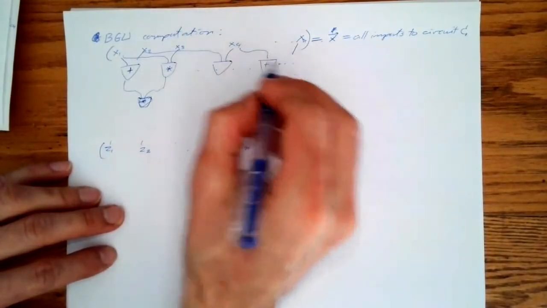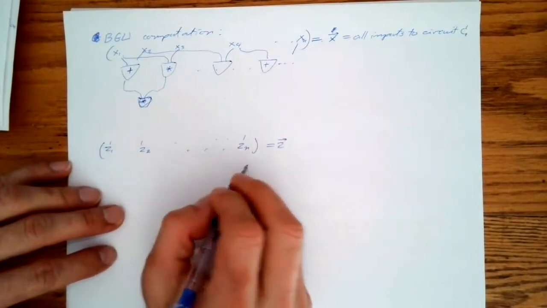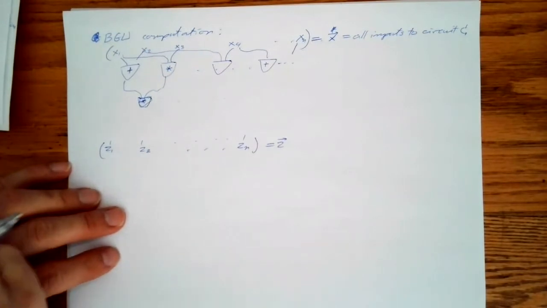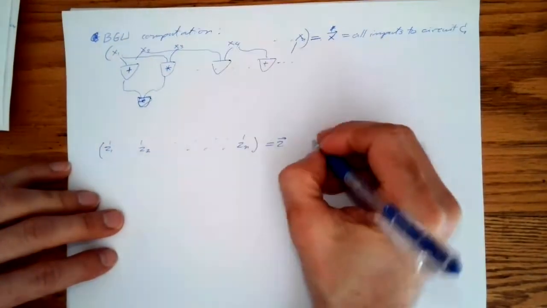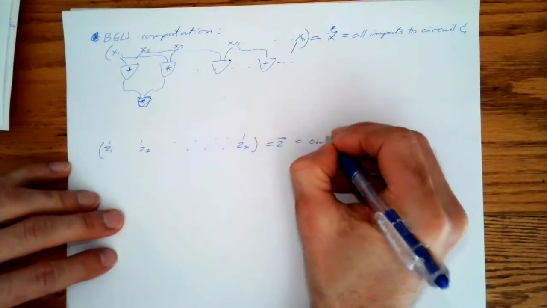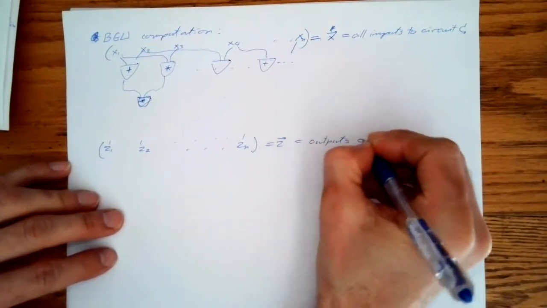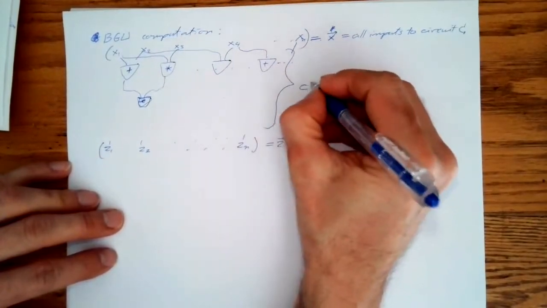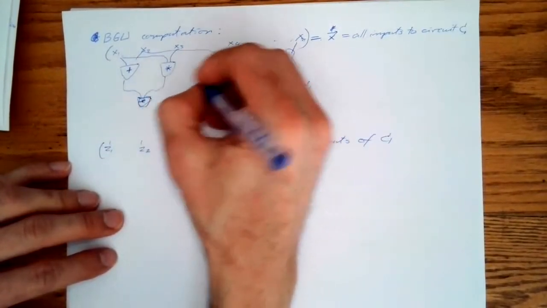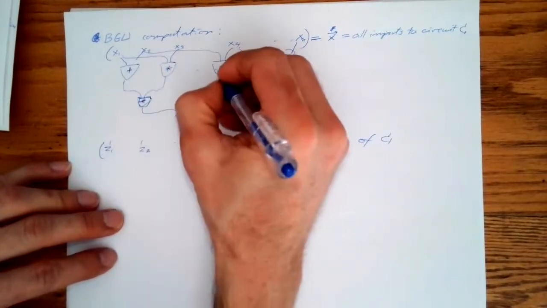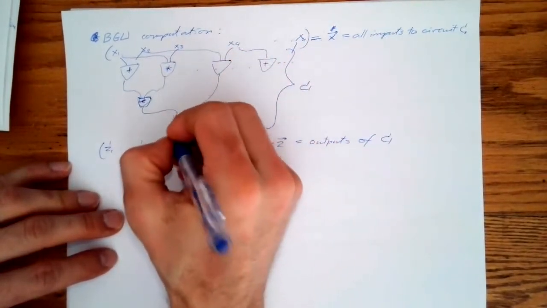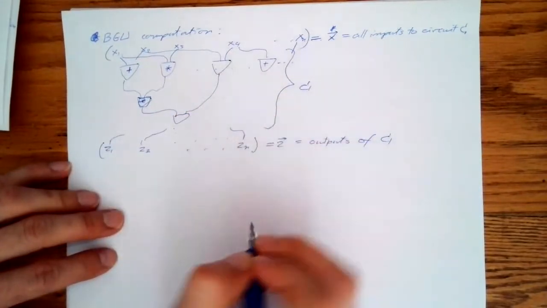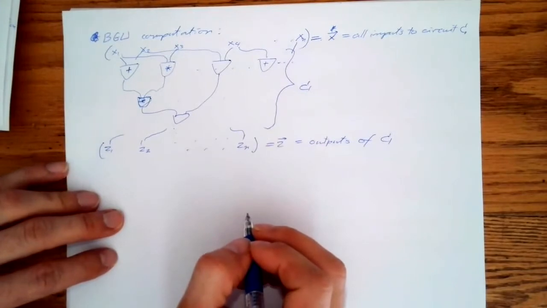And the lengths don't have to be the same, but let's just use this as a simplifying thing for notation. So these are the outputs of circuit C. And here is your circuit C, right? That has these arithmetic gates, eventually resulting in these outputs. Okay.